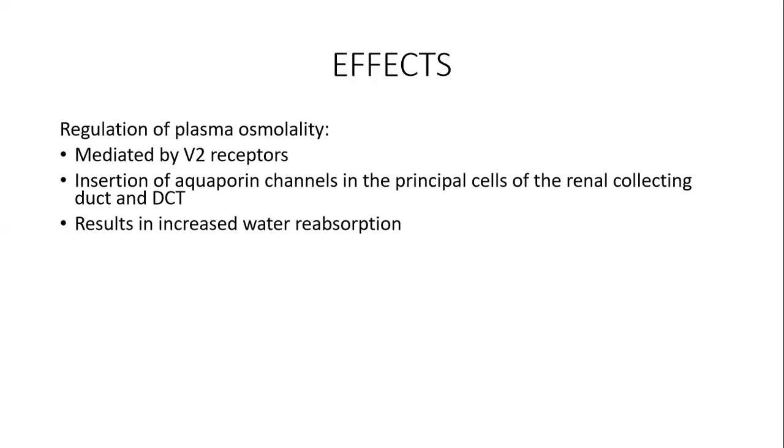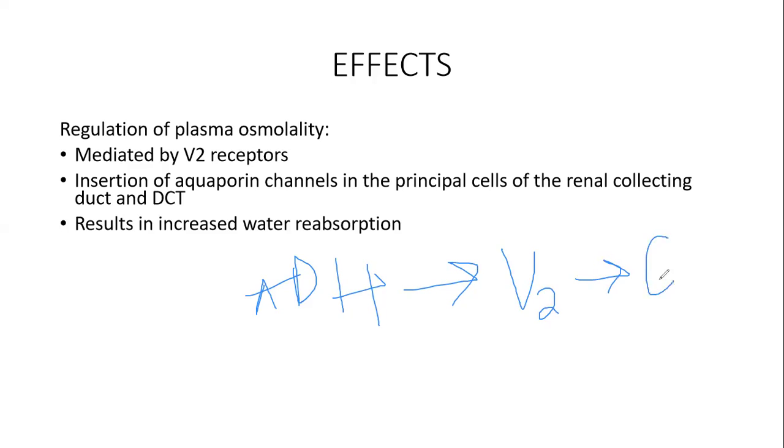So you have ADH. ADH will act on the V2 receptor, and this V2 receptor essentially works by stimulating the G protein coupled receptor, but more specifically the Gs alpha subunit.